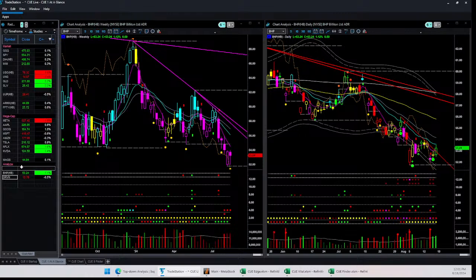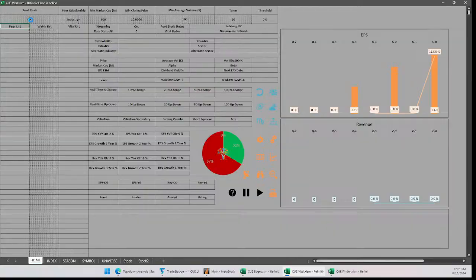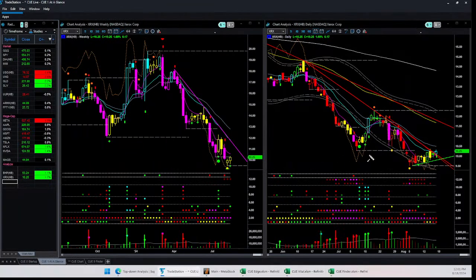The other stock that I analyzed and I bought on Friday was Xerox. XRX, Xerox Corporation. Let's gather the fundamental scorecard for that also. Let's look at the technicals. This is also a breakout buy setup.